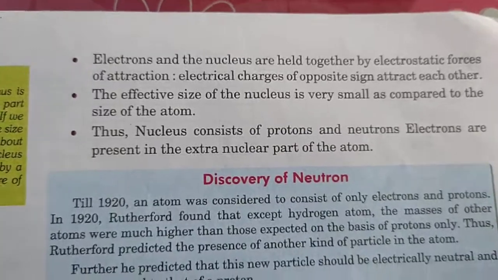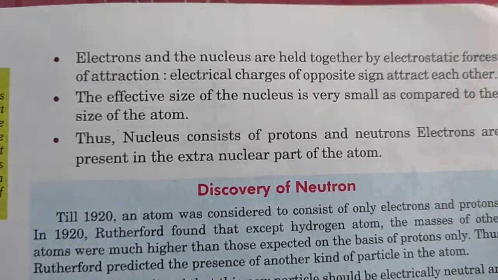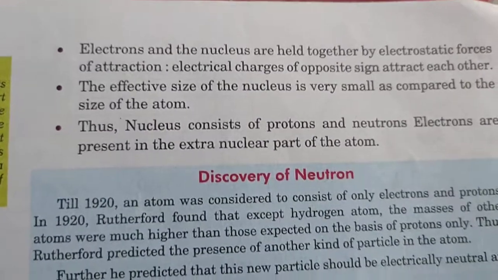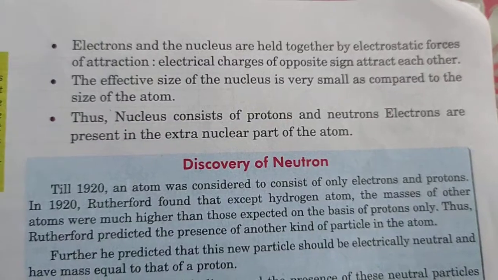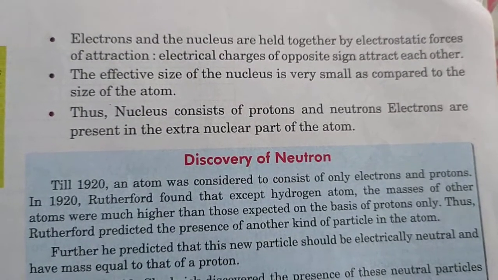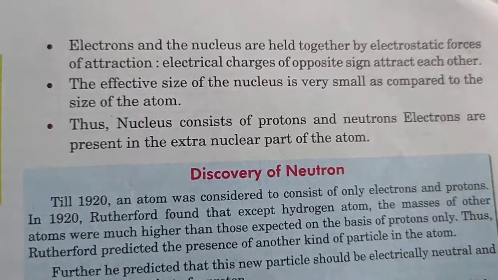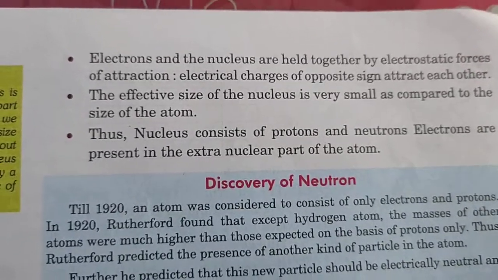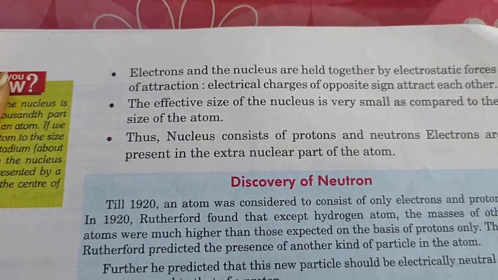The effective size of the nucleus is very small as compared to the size of the atom. The nucleus consists of protons and neutrons. Electrons are present in the extranuclear part of the atom, meaning the nucleus only has protons and neutrons. So this is all about the Rutherford model of the atom.